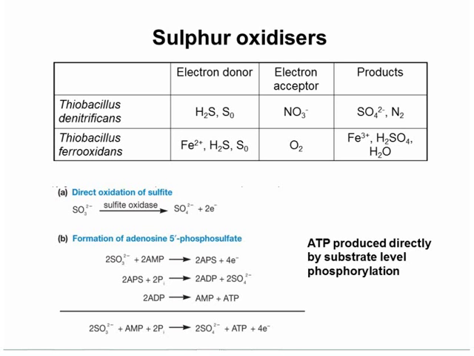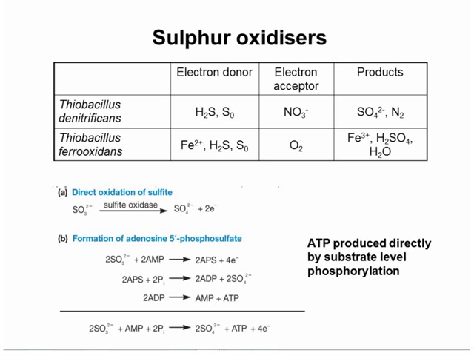I include this part because it's quite an unusual way to generate ATP. Some sulfur oxidizers can incorporate sulfite into this molecule, which is adenosine phosphosulfite.